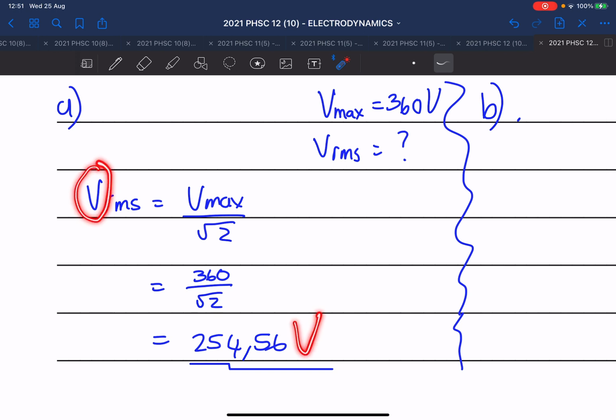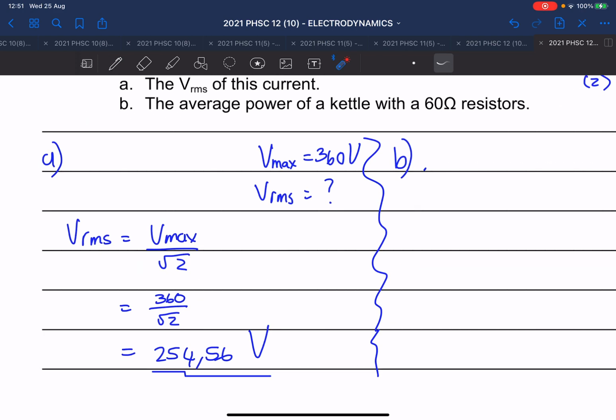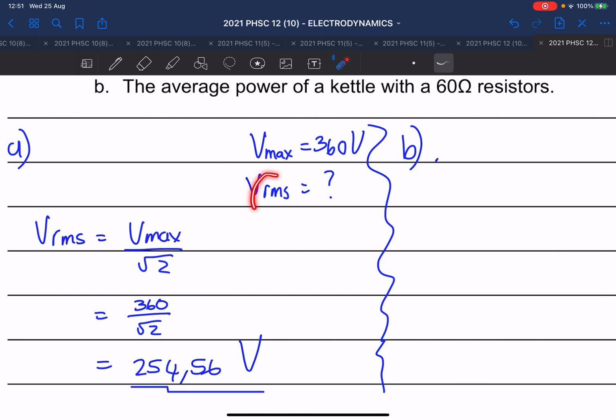Yes, V, volts. So it's not a difficult calculation at all. And how can you check that you're on the right path? The RMS must be lower than the max. Is that lower than 360? Yes, it is. Okay, right.